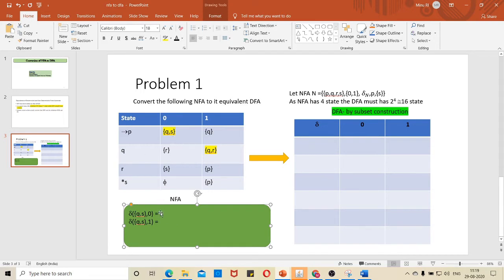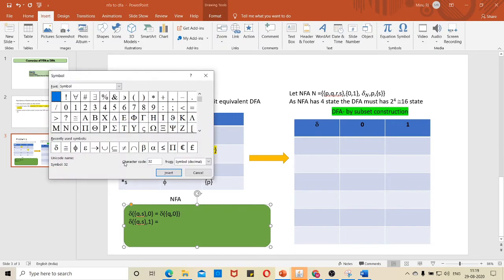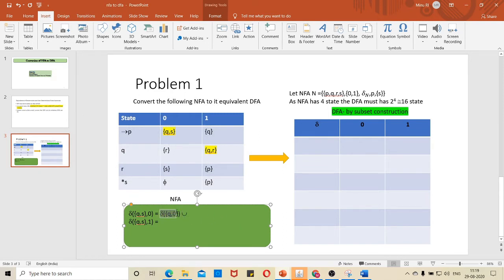So in QS, if the input is 0, it is simply equivalent to delta of Q comma 0 union delta of S comma 0.